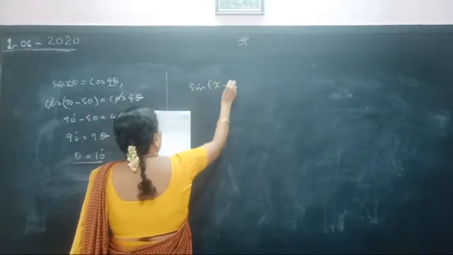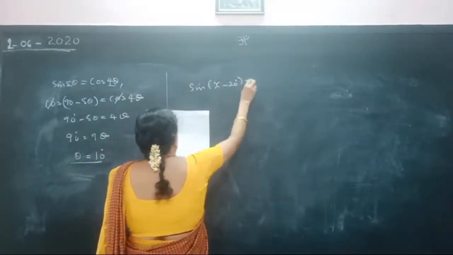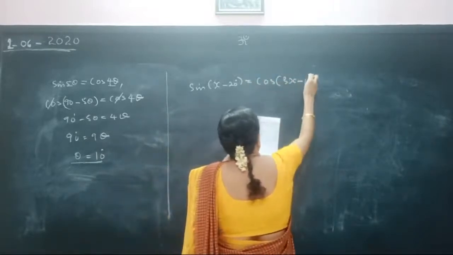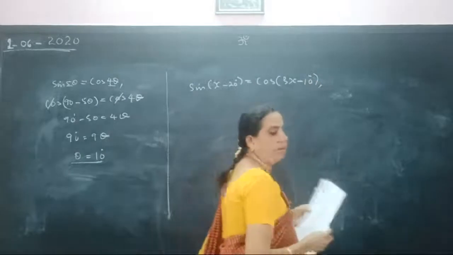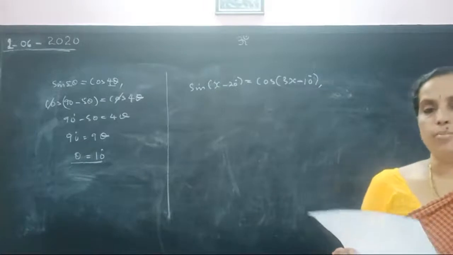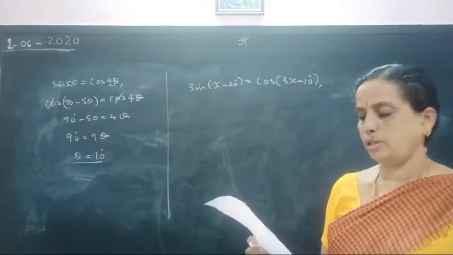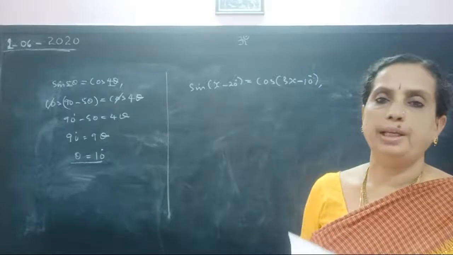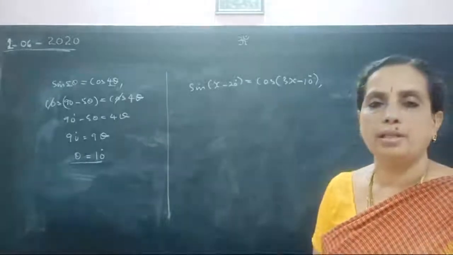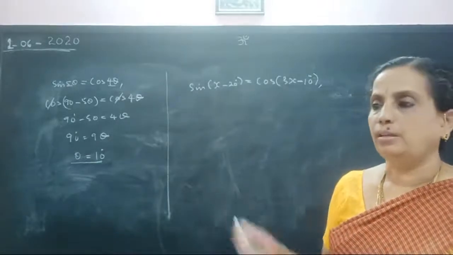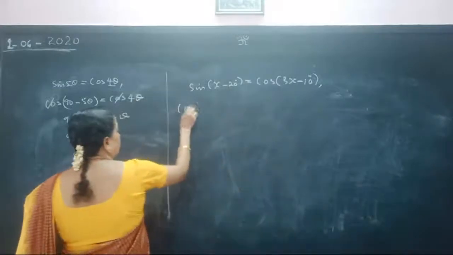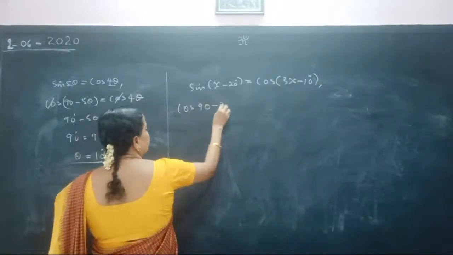Sin of (x minus 20 degree) equals cos of (3x minus 10 degree). Find the value of x. Try. That means we have to apply the complementary relation either to the LHS or to the RHS, so that the ratios will get cancelled. That is, sin theta as cos of (90 minus theta).